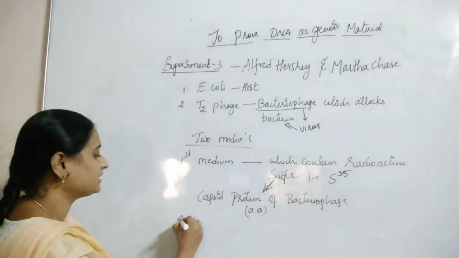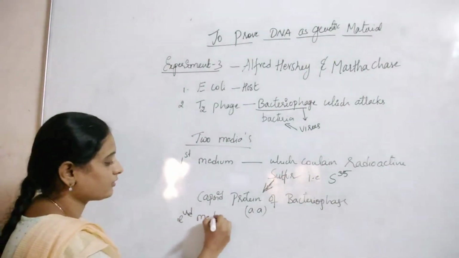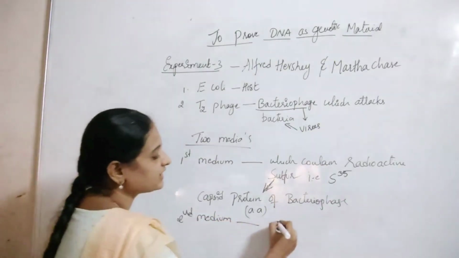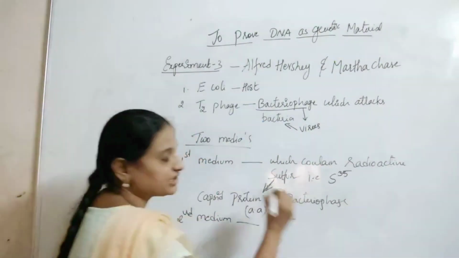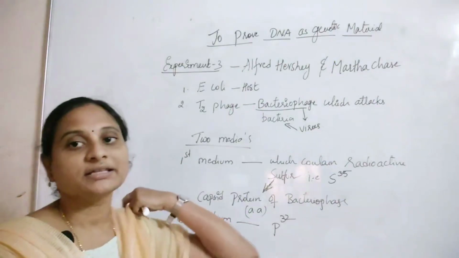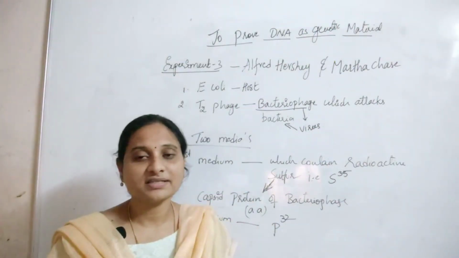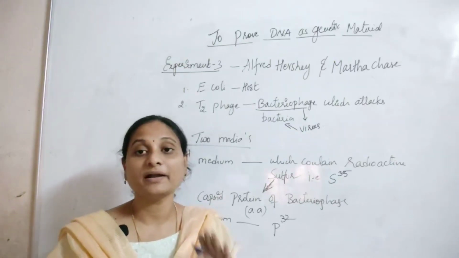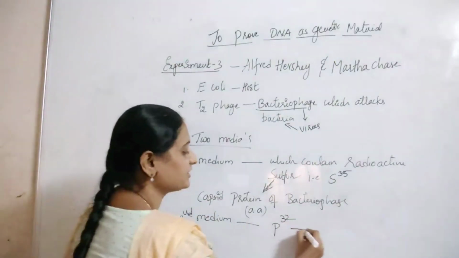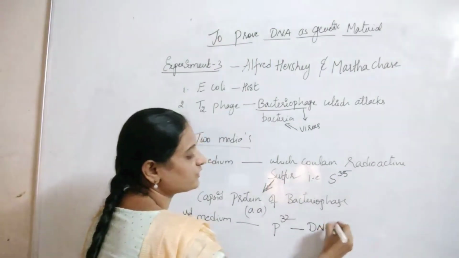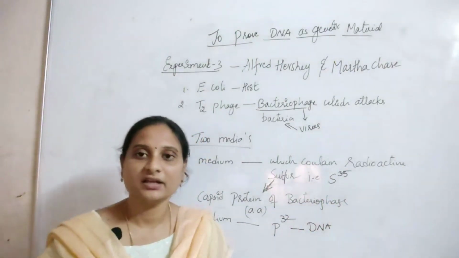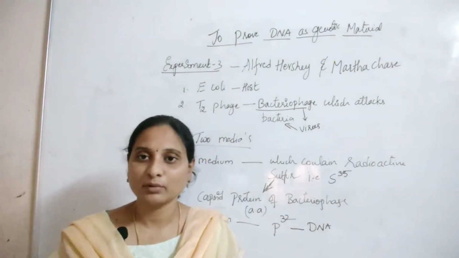Whereas in the second medium, we have used radio-labeled P32. We know that phosphorus is not present in proteins, but it is present in DNA, as the backbone of DNA.